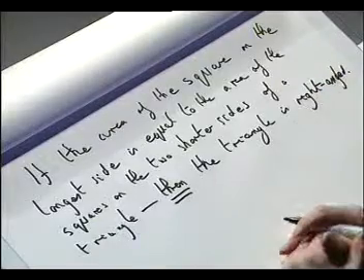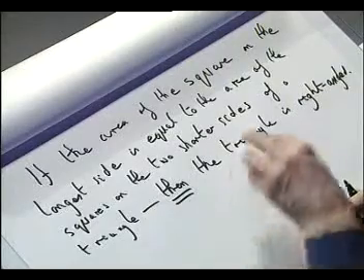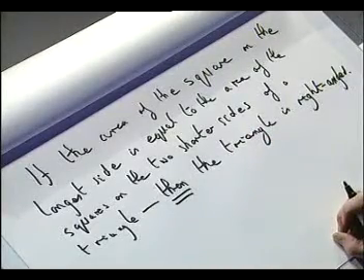So this has turned the theorem round. Instead of saying, if the triangle's right-angled, then this is so, what it's saying is, if this is so, then the triangle is right-angled. And we can make use of this in areas like Cartesian coordinate geometry to find out whether or not a triangle is right-angled or not.